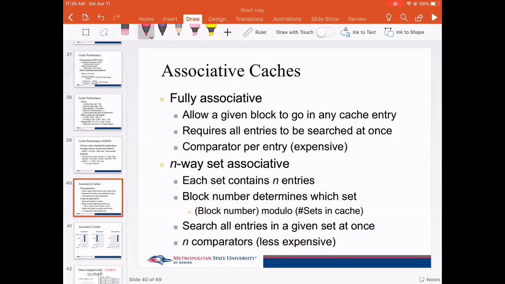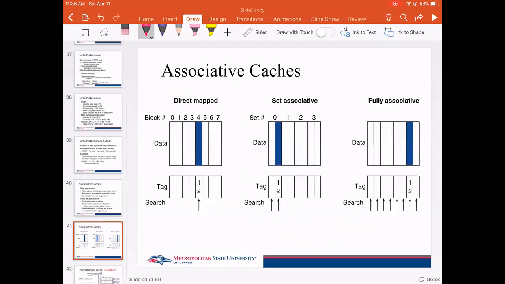So it's hard to understand by looking at the concept, but let's look at the figure. Suppose we have 8 different blocks, 8 different words. So the overall cache capacity is 8 words. You're only able to hold 8 words in total inside of your cache. For a direct map cache, we're looking at the cache this way.